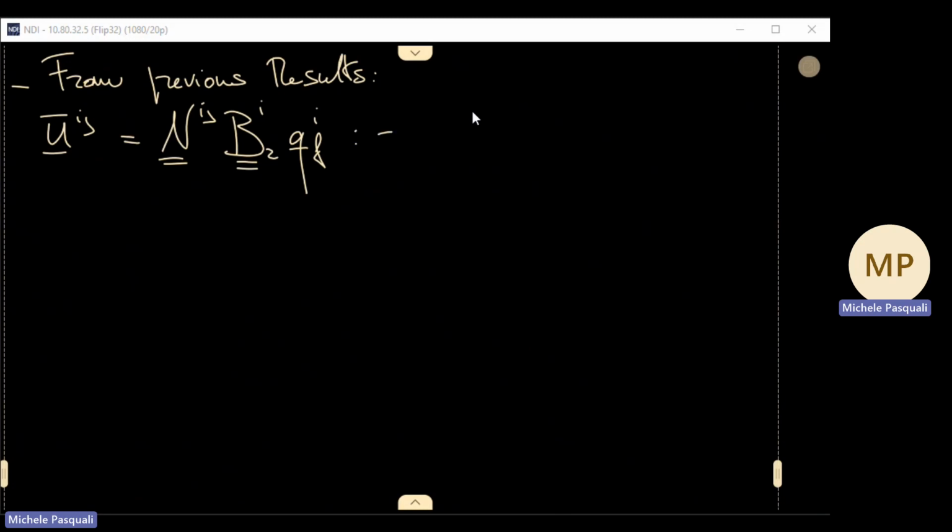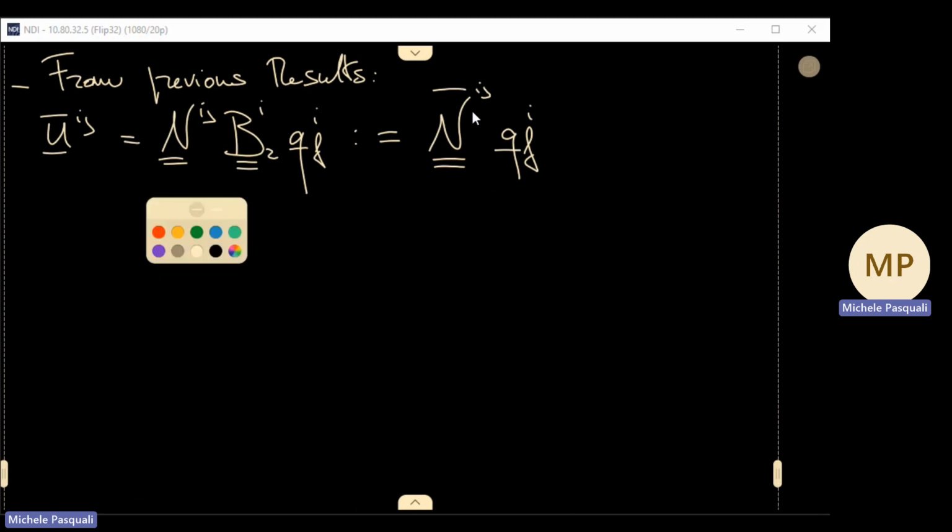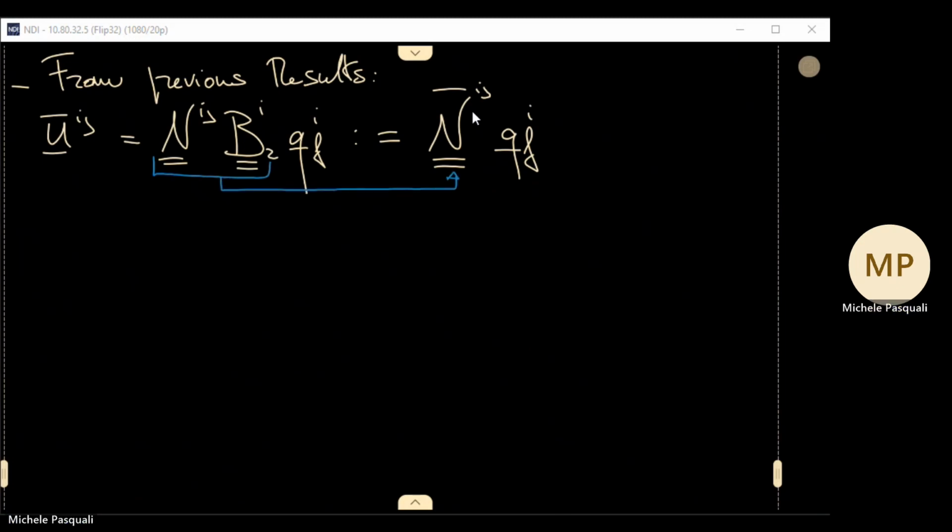This we define by definition, to simplify it a little bit, as N over bar Ij applied over QF I. So we basically included these two parts into a single matrix, N over bar.